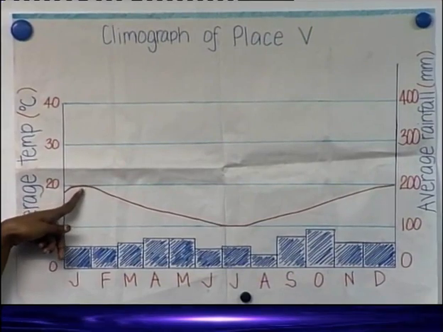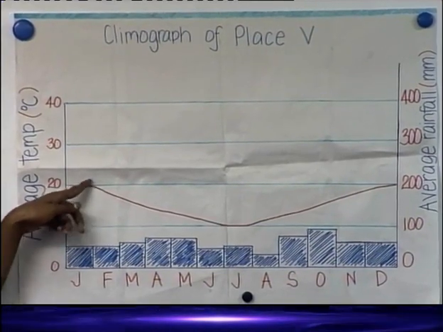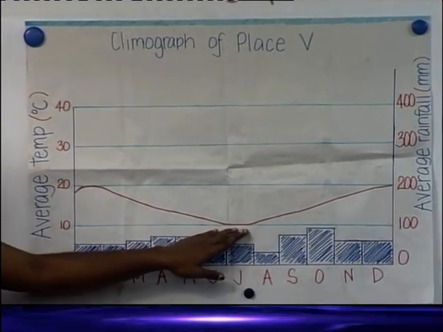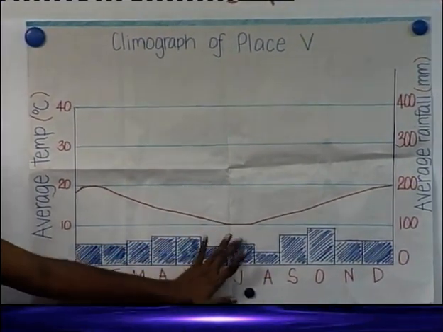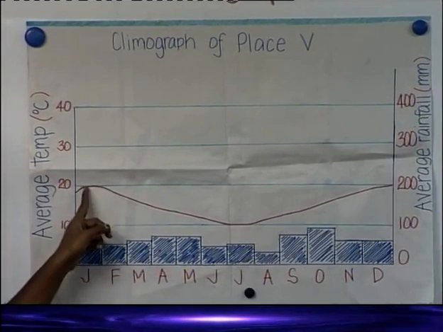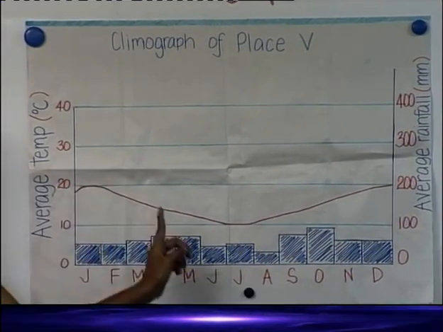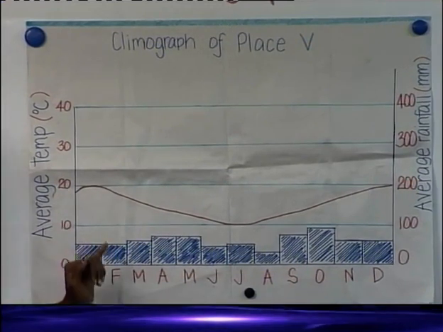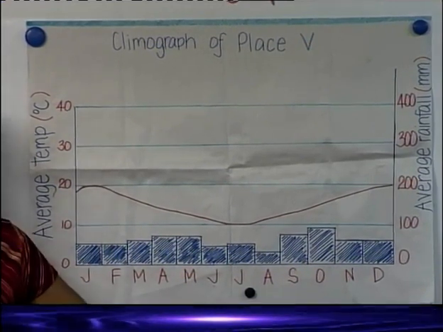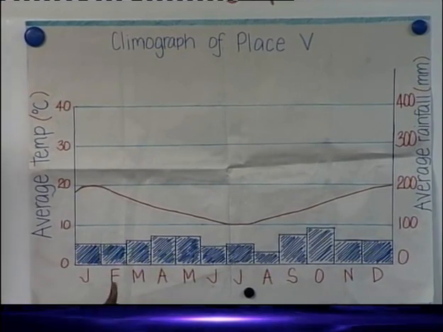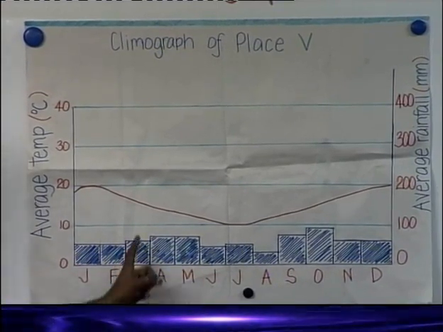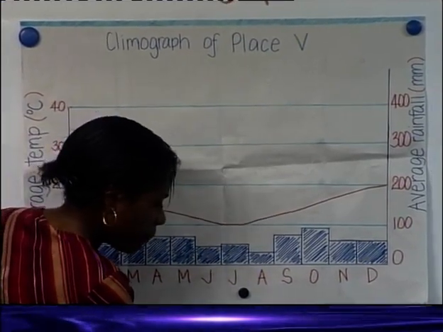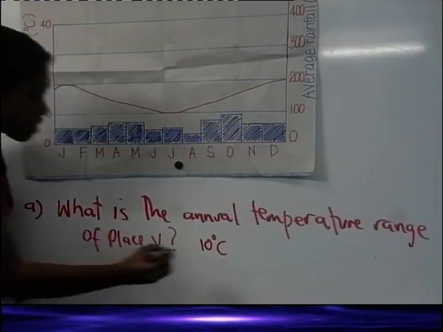The lowest is 10 degrees Celsius, not less than 10. So 20 subtract 10 is equal to 10 degrees Celsius. Your annual temperature range is 10 degrees Celsius. That's how we got our answer.